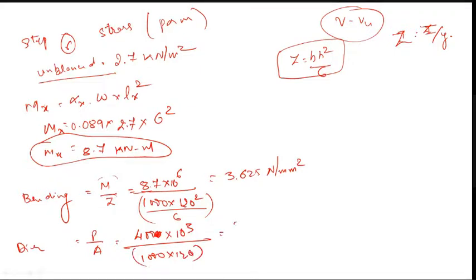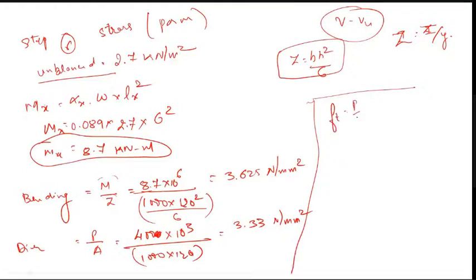So we will get 3.33 Newton per mm square. Now the maximum compressive stress at the top fiber is given by ft equals P upon A plus M upon Z. Don't go for minus. So we are taking only P upon A plus M upon Z.